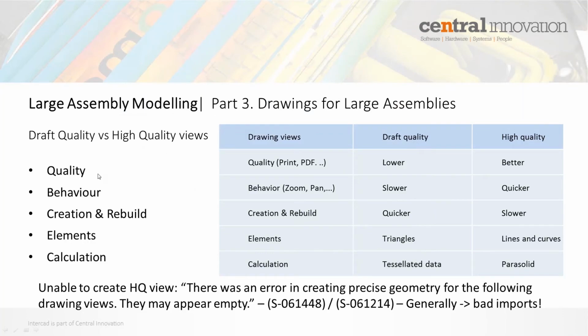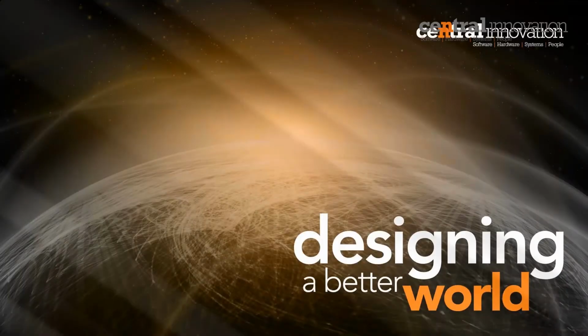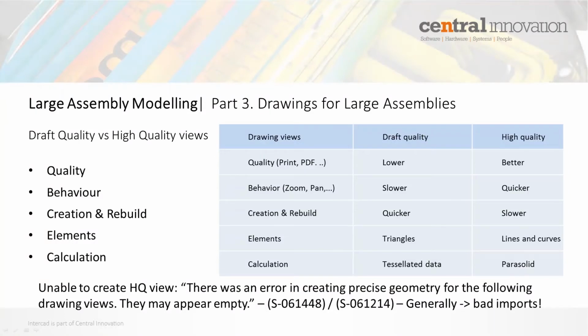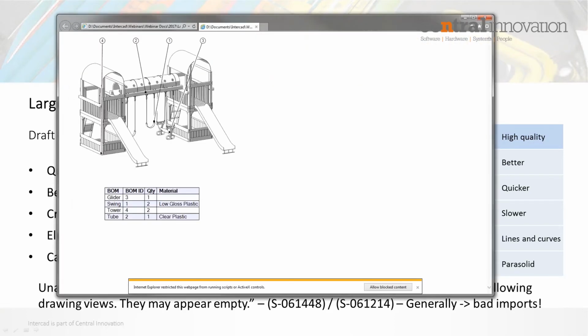The high quality image, on the other hand, is scalable vector graphics. Let's wait for the refresh there, and I'll open up an example of that. Okay, so scalable vector graphics file format, .svg, opens up in Internet Explorer natively.